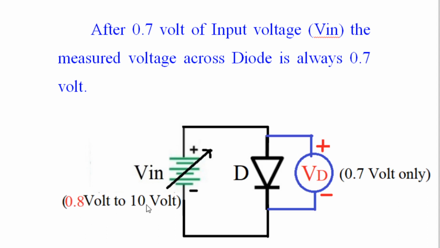So when you go on changing this voltage Vin from 0.8 volt to 1 volt, 1 volt to 2 volt, the diode starts conducting and the measured voltage across the diode is always 0.7 volt, because you cannot kill or short circuit the barrier potential which is inside the diode.